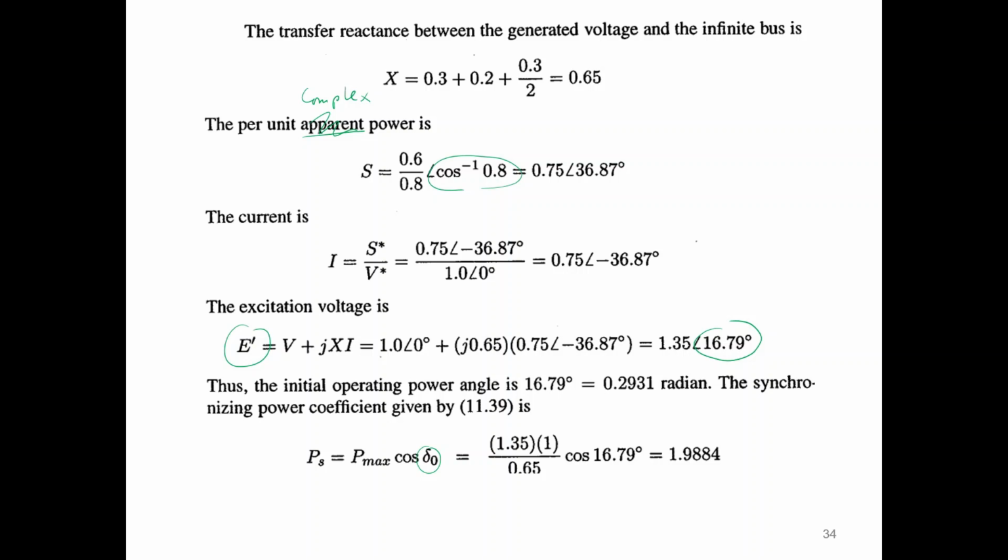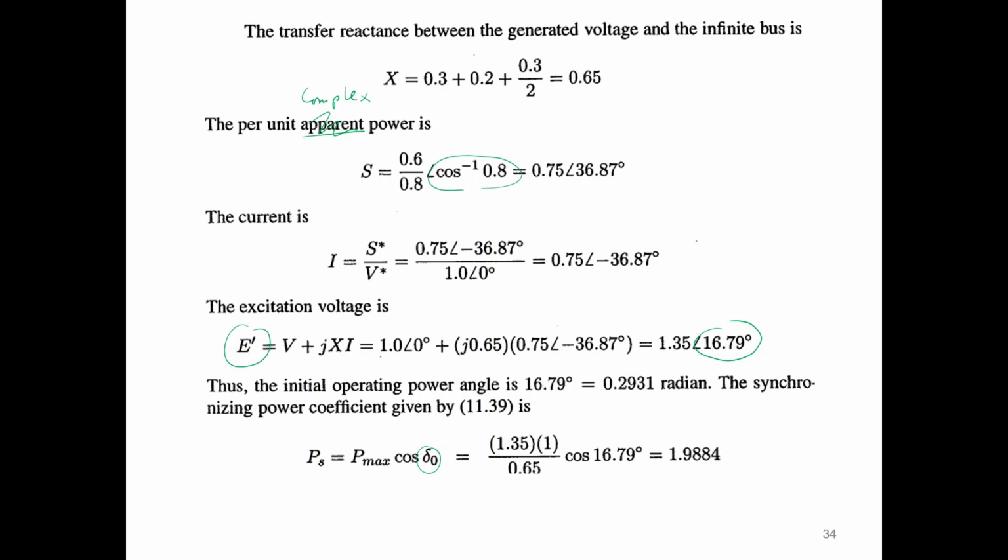So there must be some force that hinges this generator to the rotating system. So PS is P max cosine delta zero. P max is EV upon X.